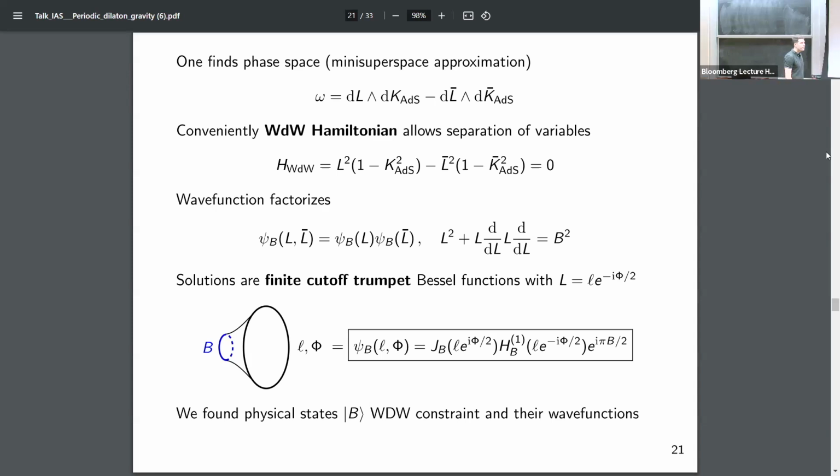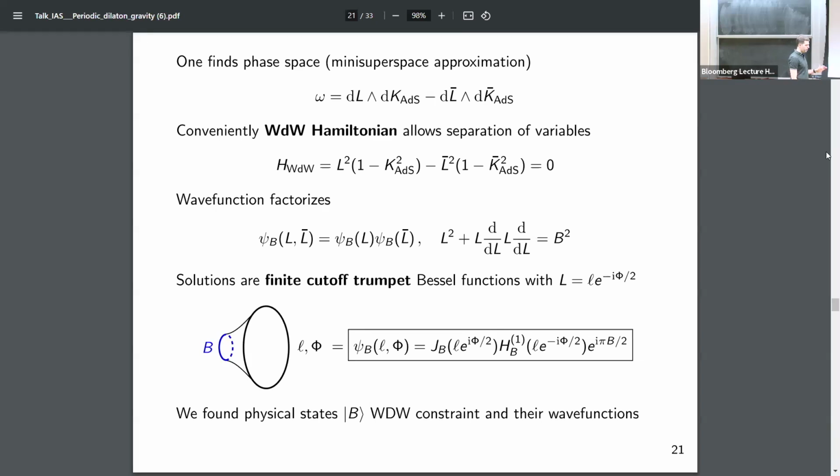So the phase space is 4-dimensional? 4-dimensional. Then I will constrain it and gauge one, so it becomes 2-dimensional. As such, the eigenvalues of this equation, B, will label the physical Hilbert space.